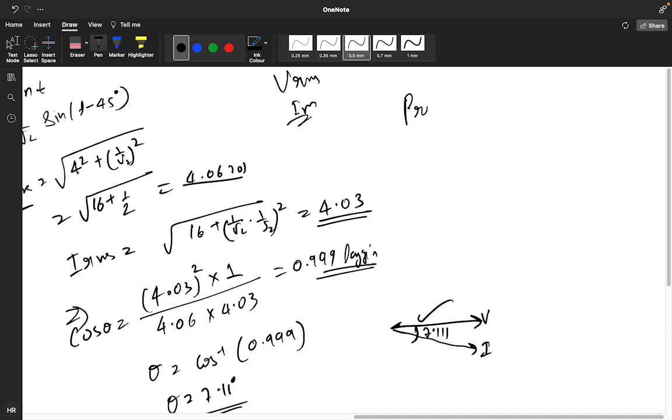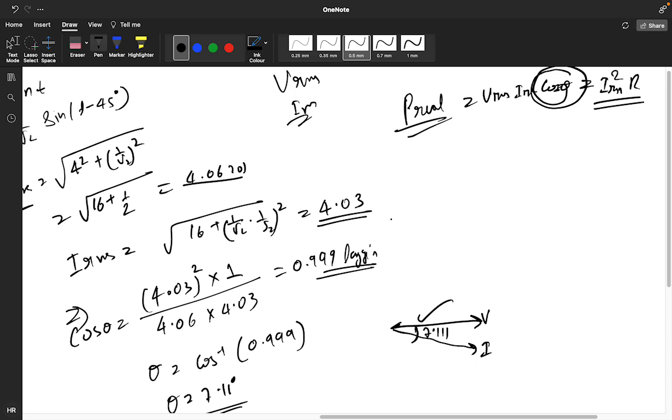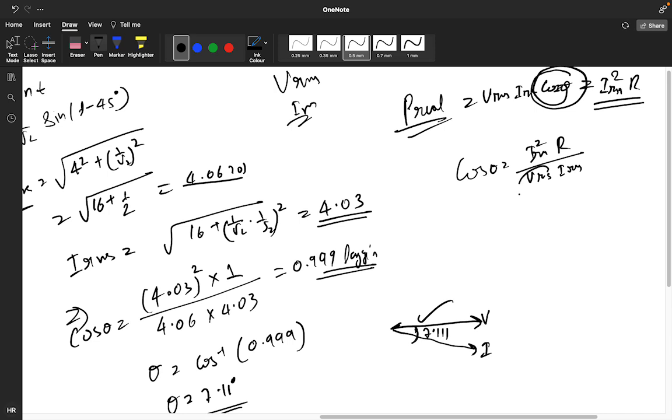If you want to calculate the real power P, it is nothing but VRMS into IRMS into cos theta, which will be equal to your IRMS, average current square, into R. And if you want to find the cos theta value, cos theta will be IRMS square into R divided by VRMS into IRMS. So we need to find the overall VRMS and the overall IRMS, put in the result and get the cos theta value.